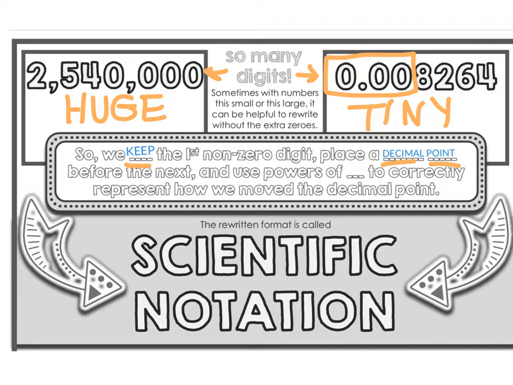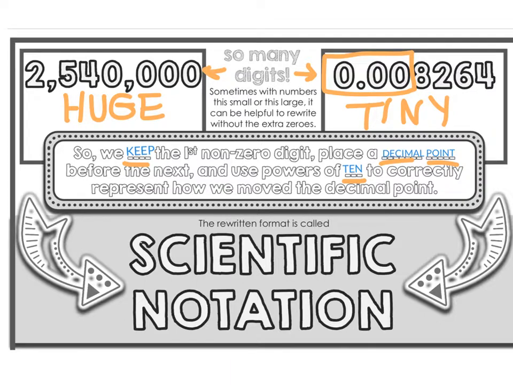So when we put numbers in scientific notation, we keep the first non-zero digit and we place a decimal point before the next. And we use the powers of a 3-letter word, powers of blank, to correctly represent how we move the decimal point. Can you guess what goes in the 3-letter blank? For scientific notation, we use powers of 10 to correctly represent how we move the decimal point.